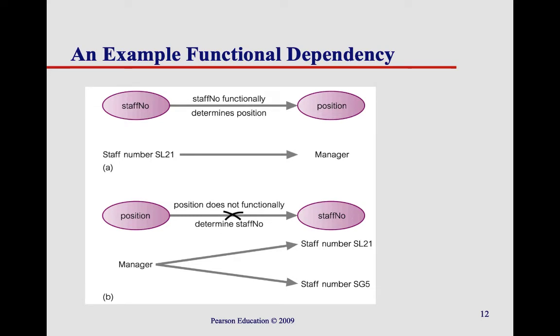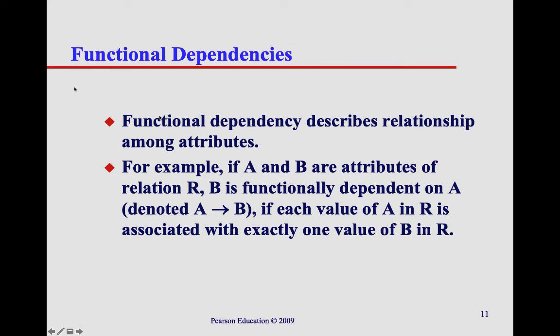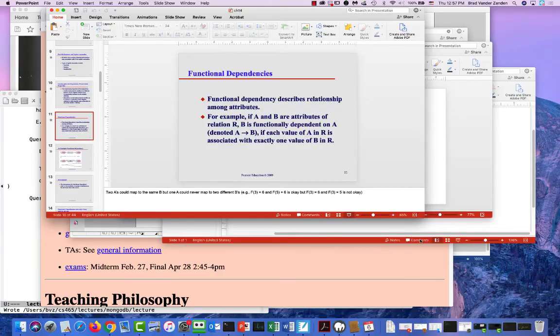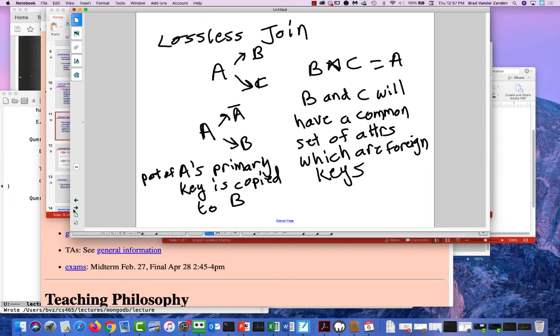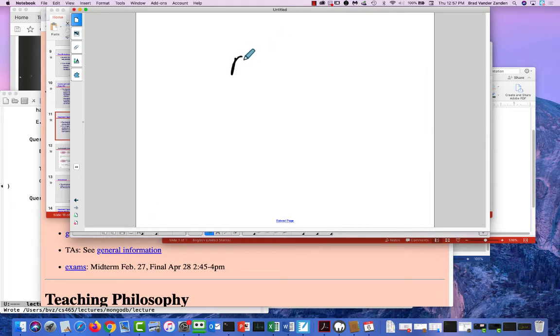It means that for each value of the left-hand side, if we are going to say that A determines B, it means that for each instance of A, we get a unique value for B. Okay, so it's a one-to-one mapping.